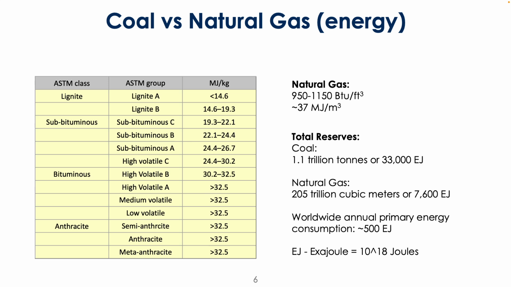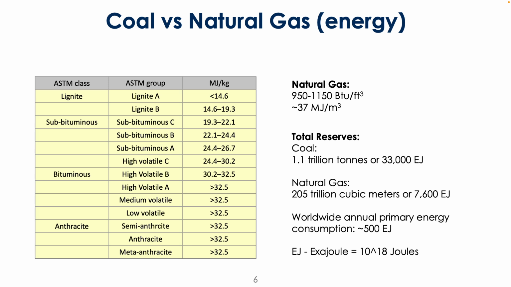But generally we're saying something on the order of about 1 trillion tons of coal, 33,000 exajoules, and natural gas is quite a bit smaller in terms of energy content, so 200 trillion cubic meters at about 7,600 exajoules.